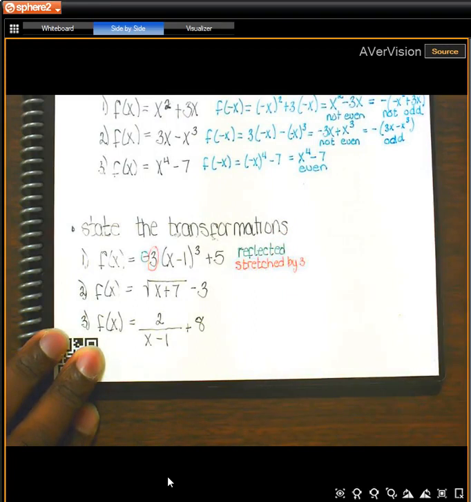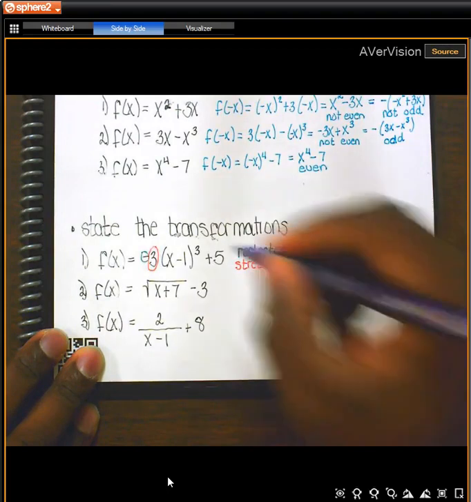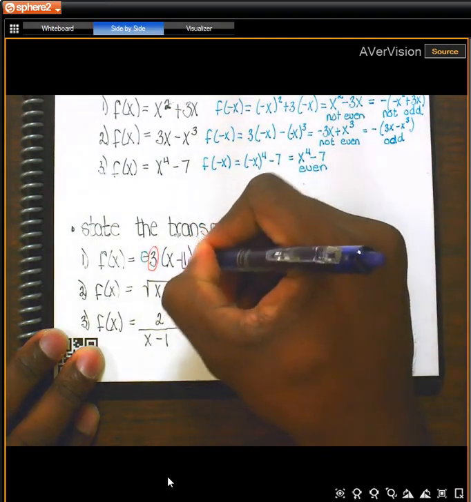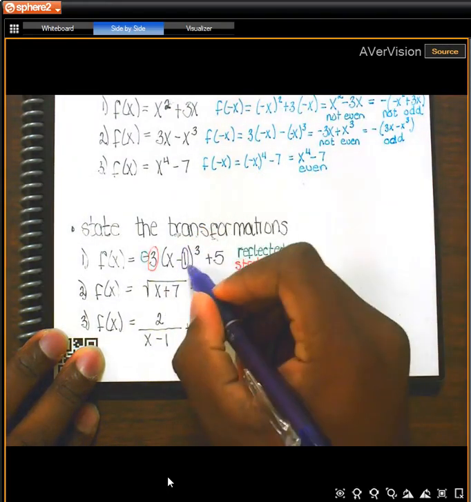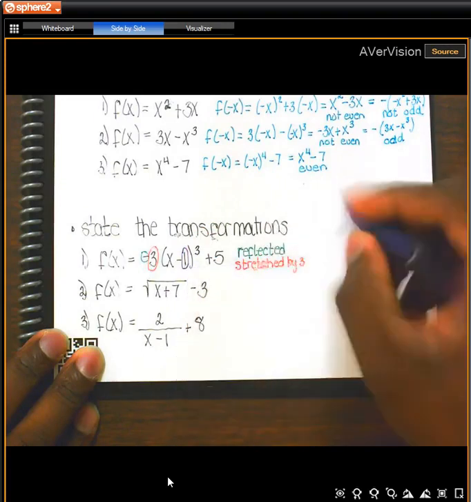Because this is a -1, that means this is a +1, so that's to the right.